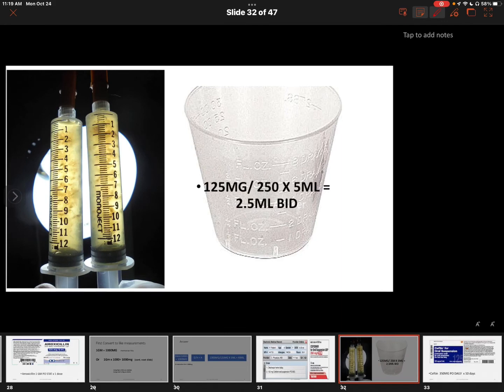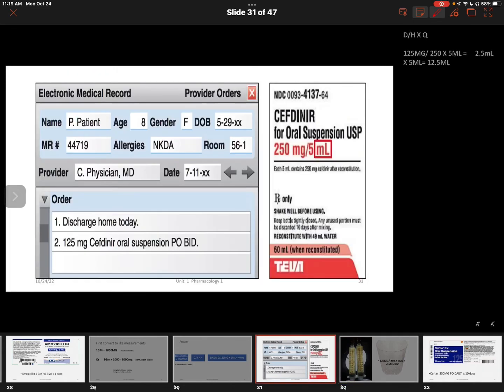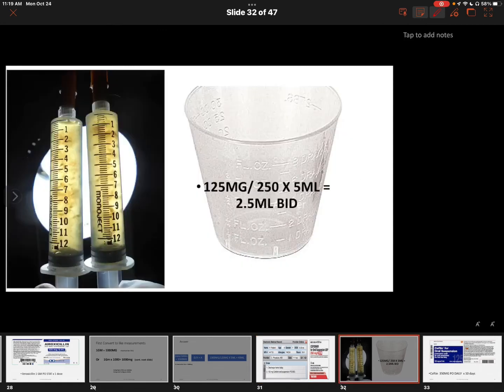So using the D over H, I'm sorry, the 125 milligrams is what's ordered.